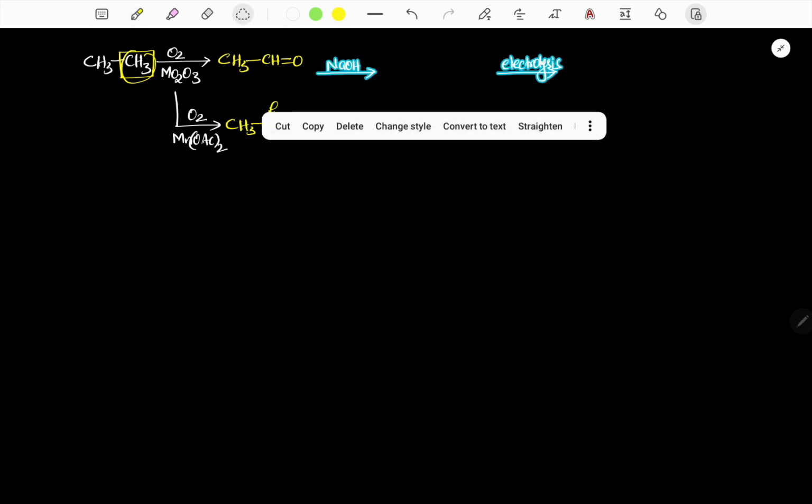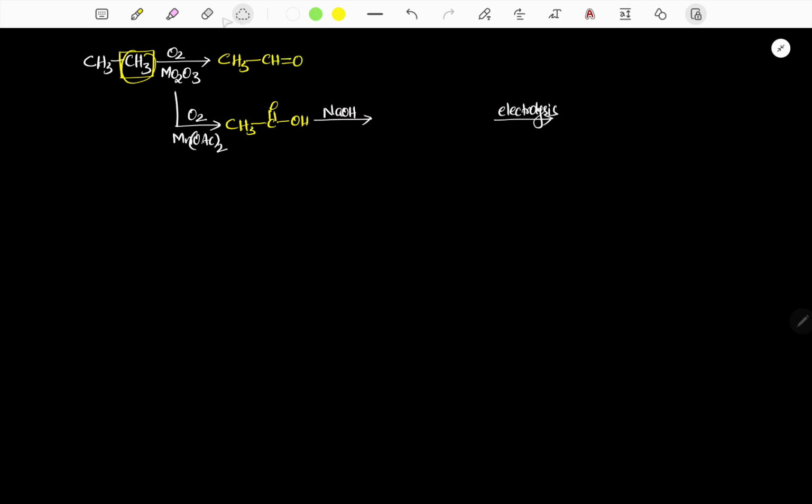Now it is treated with NaOH. When a carboxylic acid is treated with NaOH, the acidic proton, the hydroxyl group, an acid-base reaction takes place, and the corresponding sodium acetate will form. Sodium acetate.